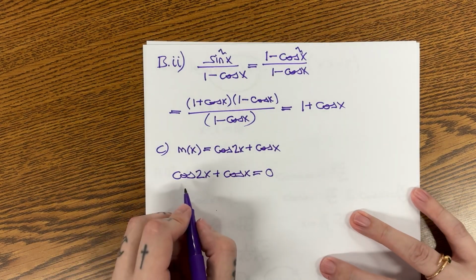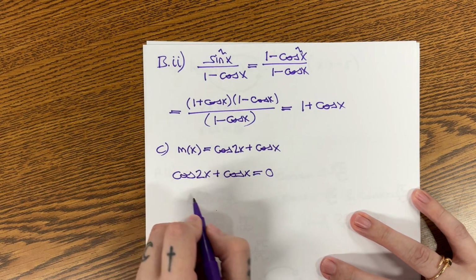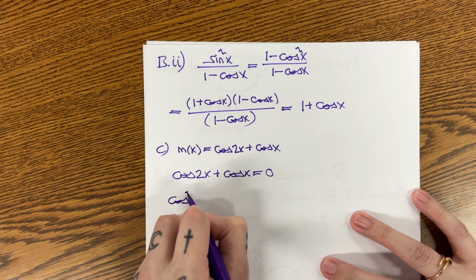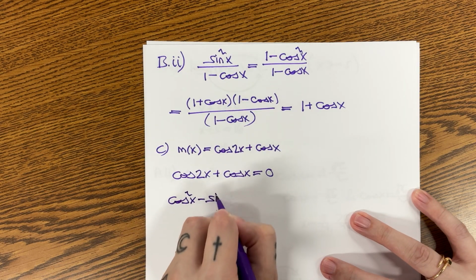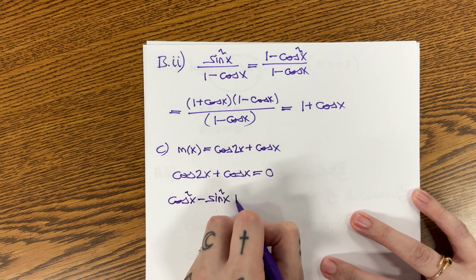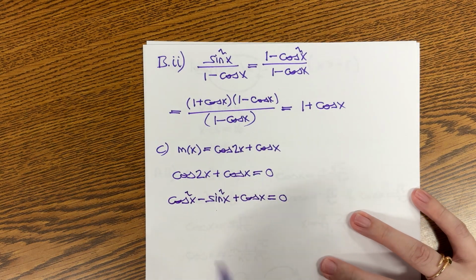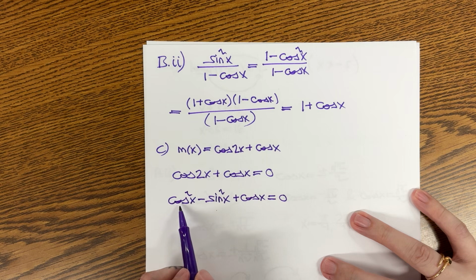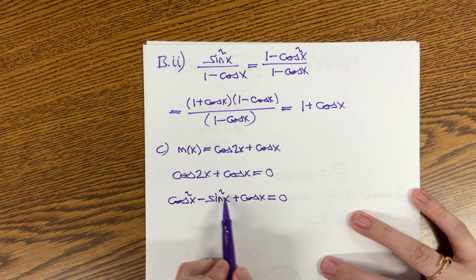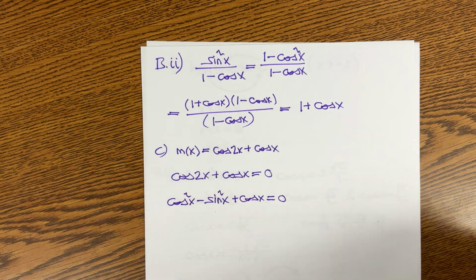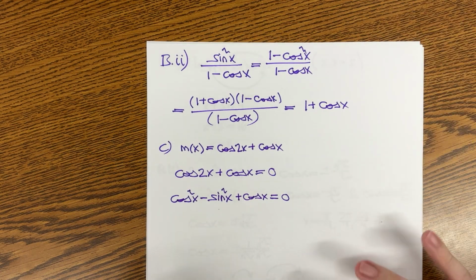So cosine of 2x, let's see, I can write this in terms of cosine squared x minus sine squared x plus cosine x. And then I notice how I have 2 values of cosine and only 1 value of sine, so I want to rewrite the sine in terms of cosine. I want to get it down to just 1 trig function if possible.